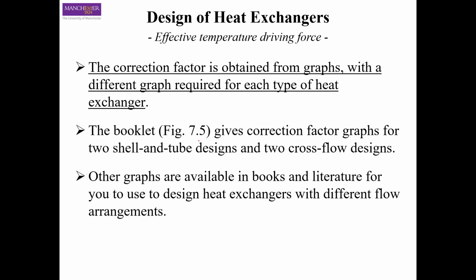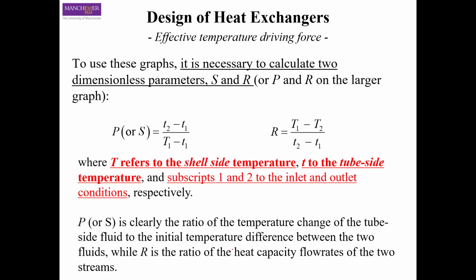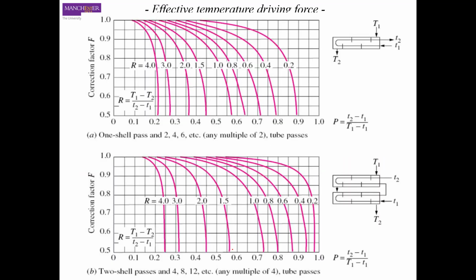Let's have a look at these graphs. This is how they look. As you can see, the graph on the top is only for one shell pass, while you can have 2, 4 or 6, any multiples of 2 tube passes.